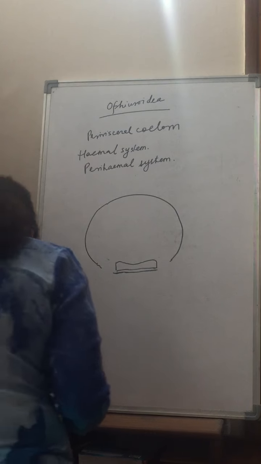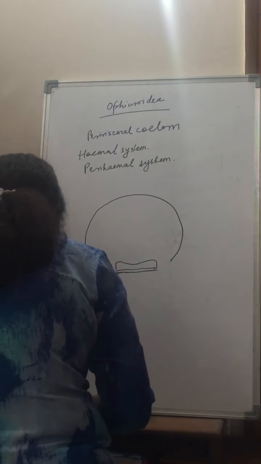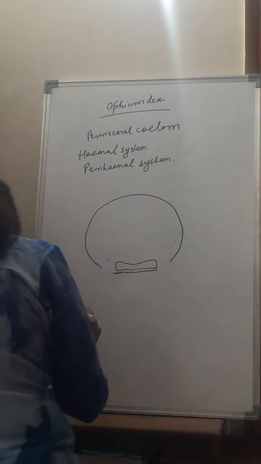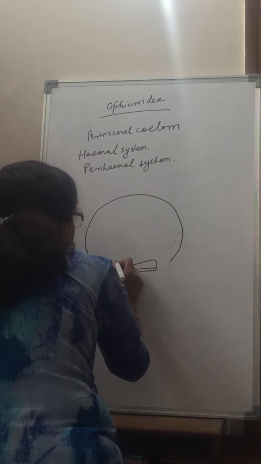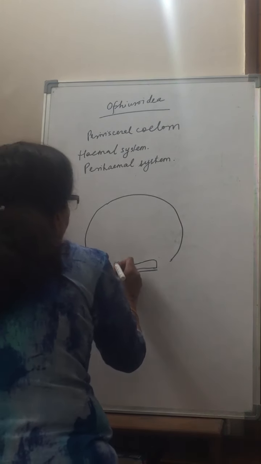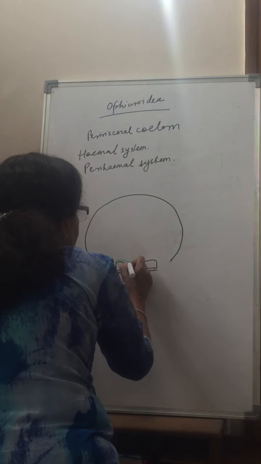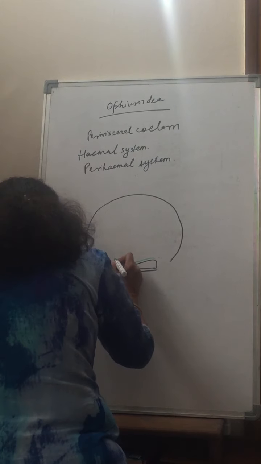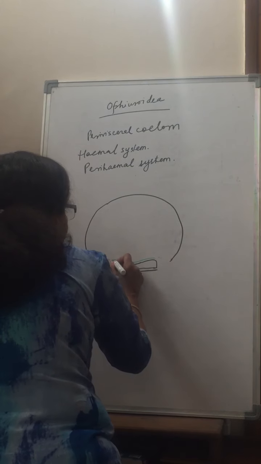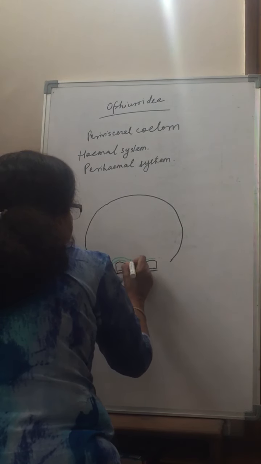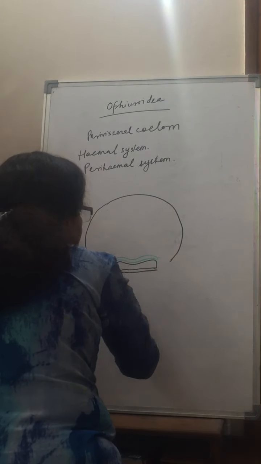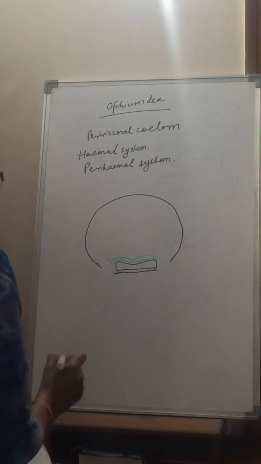Above the oral shield we have the epineural canal. This is the epineural canal which is present only in this animal, which is brittle stars or ophiuroids, and in place of the ambulacral groove.